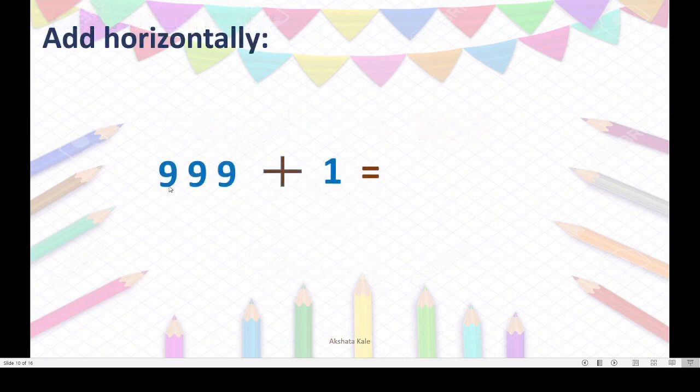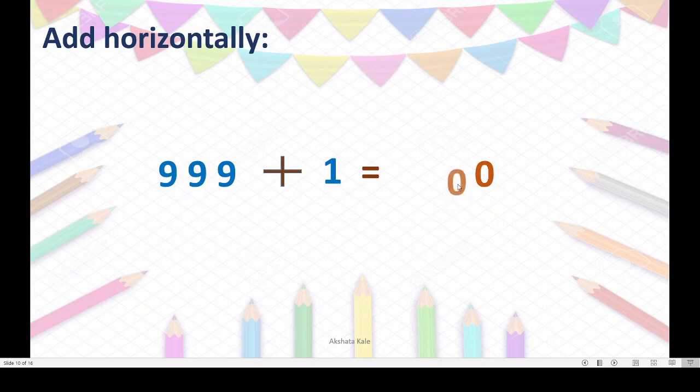Take this. 999 plus 1. Here in the unit place 9 and 1 are there. So 9 plus 1 is 10. 0 here. Okay. And 1 is carried over. Remember this. Don't forget this. 9 plus 1. 1 is there here. 9 plus 1 again 10.